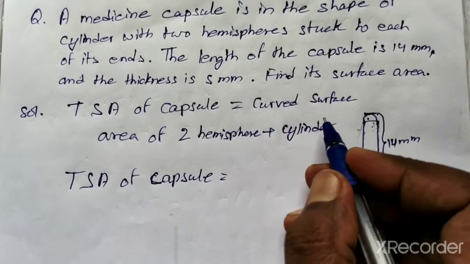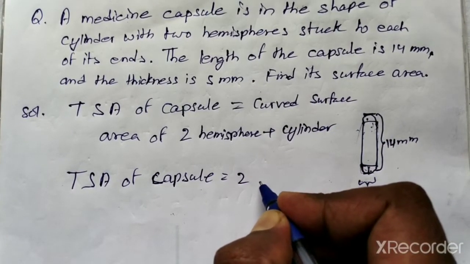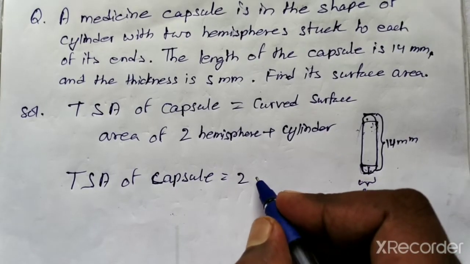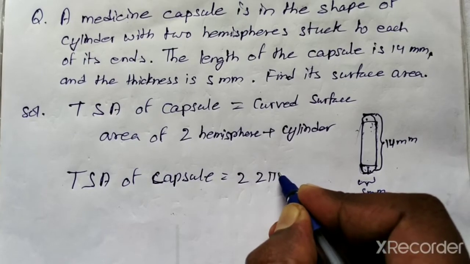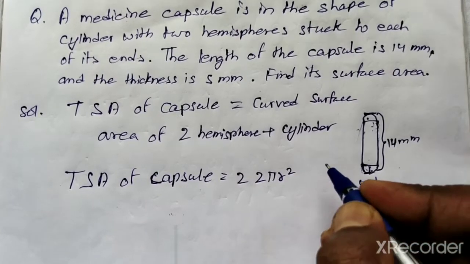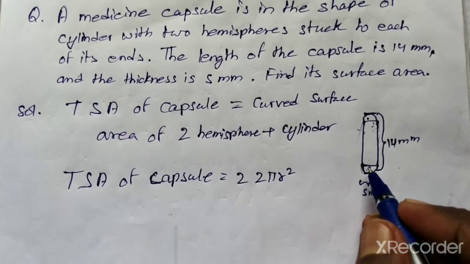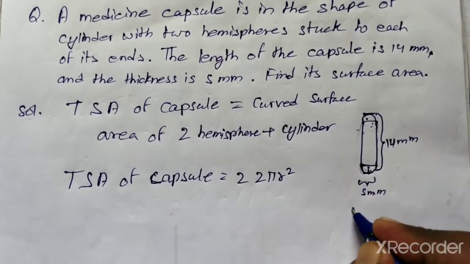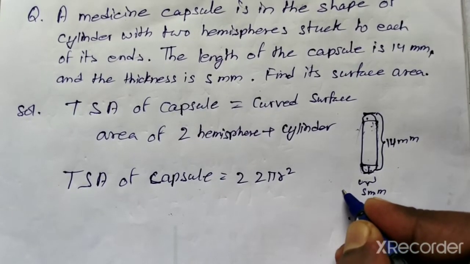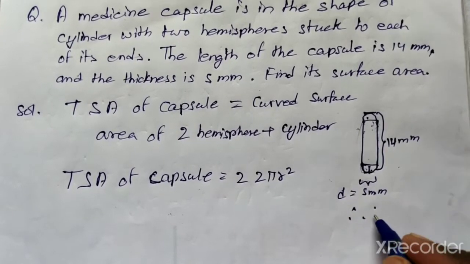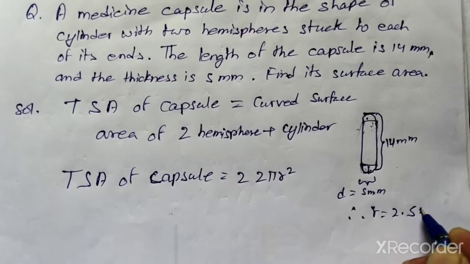is equal to curved surface area of two hemispheres, means 2, and the formula for the curved surface area of a hemisphere is 2 pi r square. Friends, please see here, this thickness is given, that is 5 mm. Therefore this 5 mm is the diameter, and the radius will be 2.5 mm.